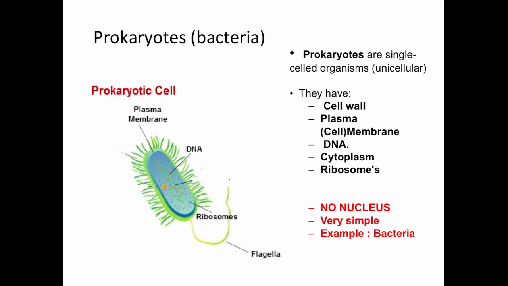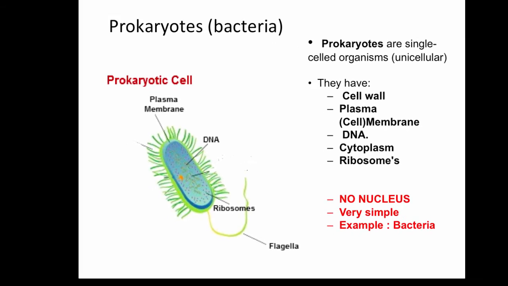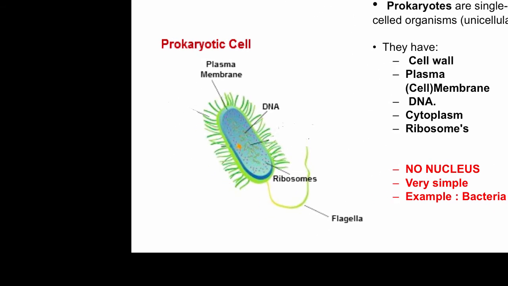What makes them unique is they don't have a nucleus. Their DNA is free floating inside the cytoplasm. This makes it very easy for them to replicate and reproduce, and it happens rather quickly. So that's what makes them so simple. Again, an example of a prokaryotic cell is your bacteria.